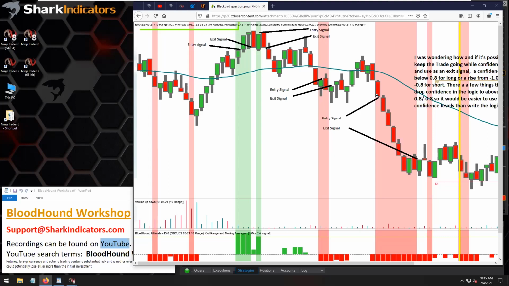So just keep that in mind. When you do have multiple entry signals like this, if all your targets are hit during these entry signals and your position goes flat, then on the next bar, if there's a signal, another short position would be entered. Anyway, that's just a little understanding of continuous multiple signals like this.